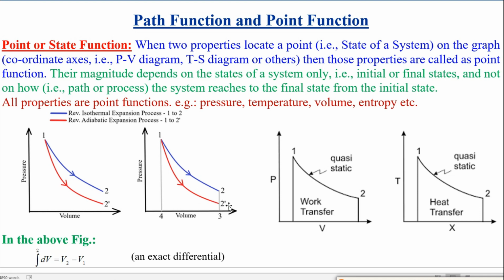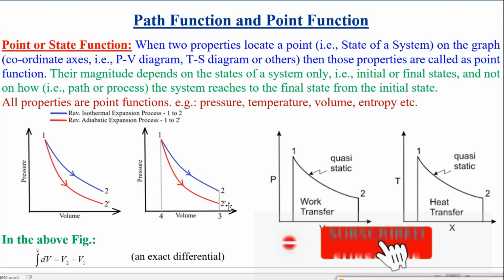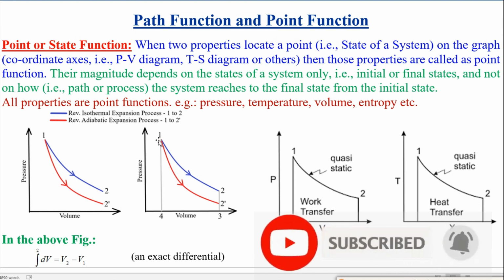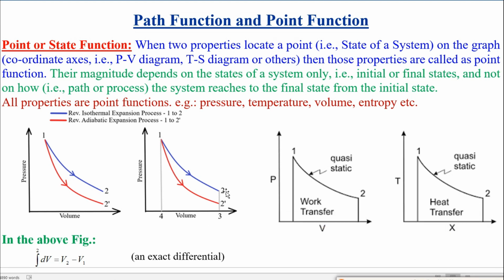So though the volume at the initial state 1 and the volume at the end state 2 are the same for 1 to 2 or 1 to 2 dash, initial volume V1, final volume V2 as well as V2 dash, however, the areas below the line or the path are different.